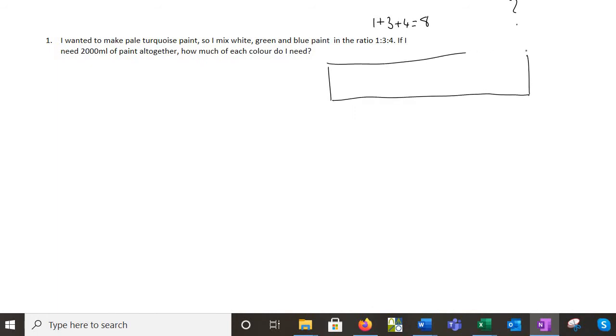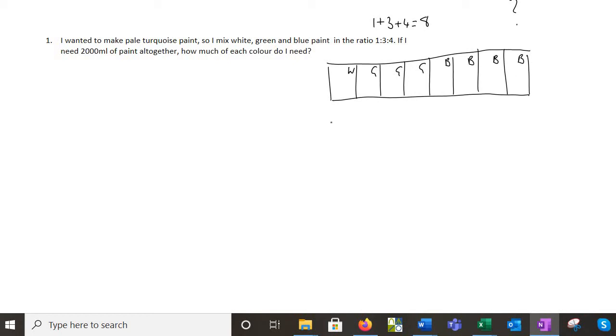So let's make it quite long. Now for 8 I can half it for quarters, half each of those again. It's not so neat, but it's maybe a bit neater than it would have been. And here I've got 1 bit white, 3 bits green, and 4 bits blue.